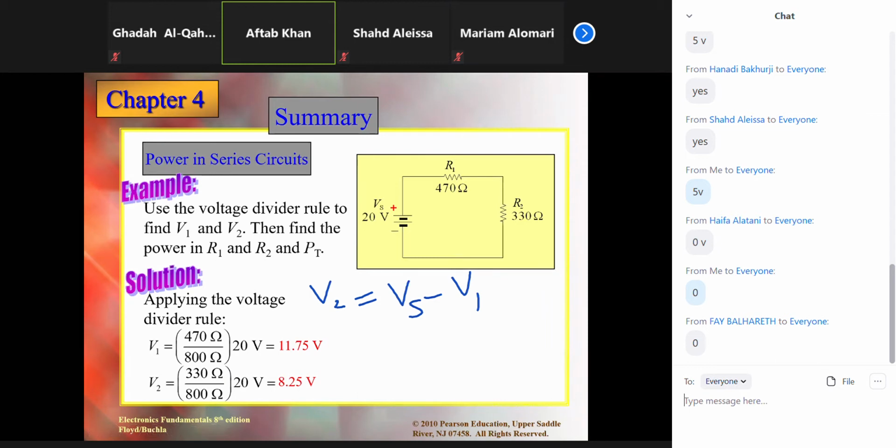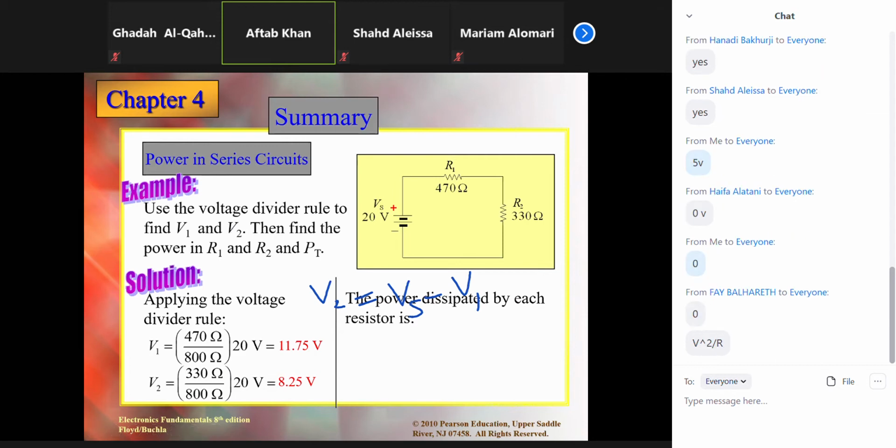Now it's time to get the power. For the power, we know the formula which uses voltage and resistance. The power dissipated by each resistor is V square by R, which is the general formula, but we need to write the specific one: P1 equals V1 square over R1.